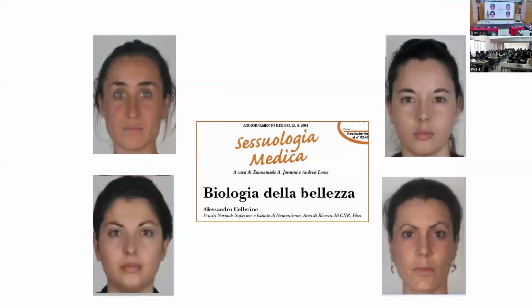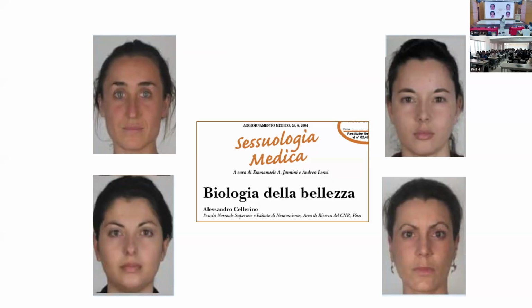So now I want to demonstrate what beauty is. We used 4 different pictures of 4 ladies and girls from Italy, which have one single characteristic, a universal one. They are normal people, not particularly beautiful, not particularly not beautiful, absolutely normal.